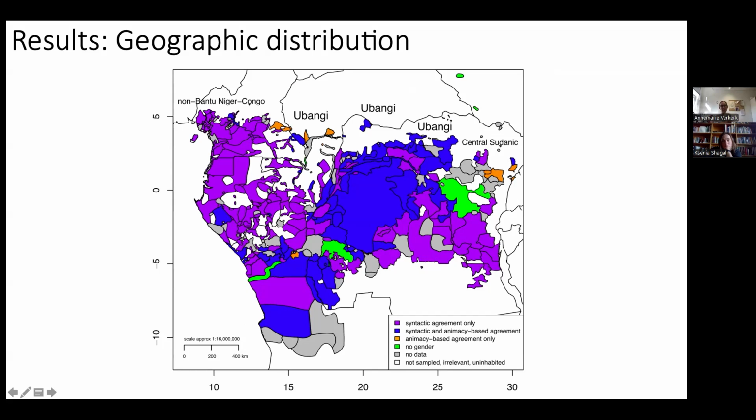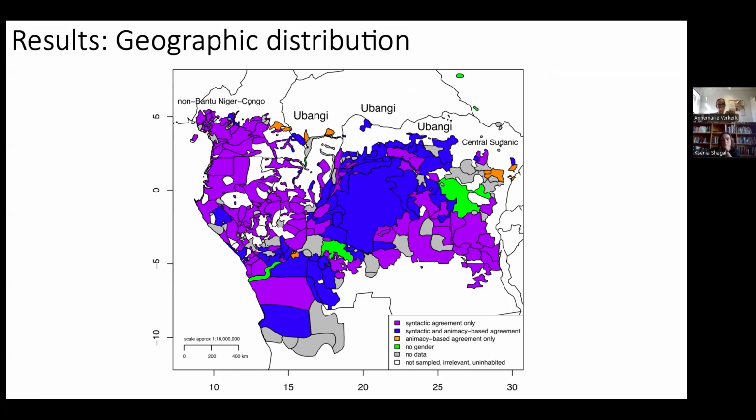So this marks the area, the northern Bantu borderlands, where we have non-Bantu like the Congo language over here, and then we have Ubangi and then Central Sudanic over here, right? So the orange languages and also this green language here, without any gender, seem to be suspiciously close to non-Bantu languages, right?